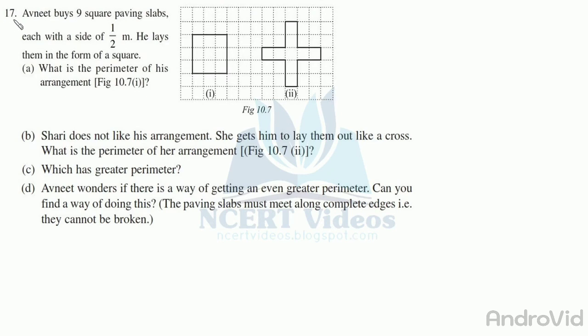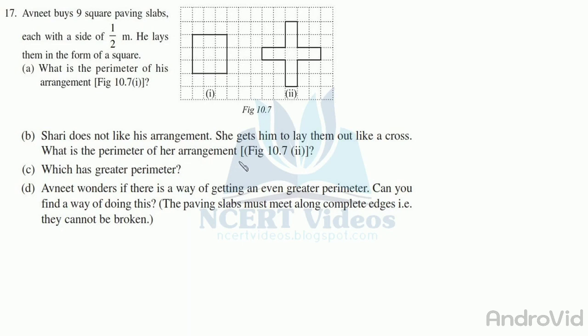Seventeen. Avneet buys 9 square paving slabs, each with the side of half meter. He lays them in the form of a square. A part. What is the perimeter of his arrangement in this figure? You can see here. Now B. Shari does not like his arrangement. She gets him to lay them out like a cross.